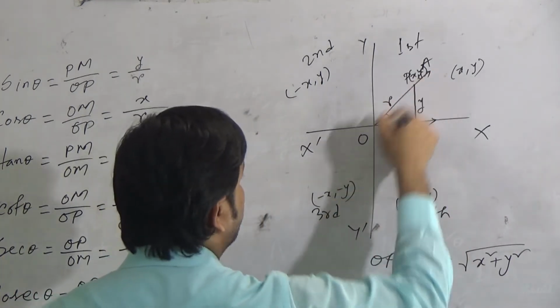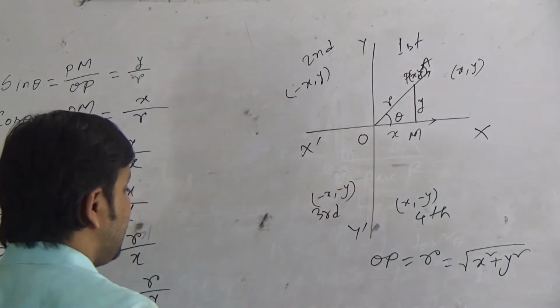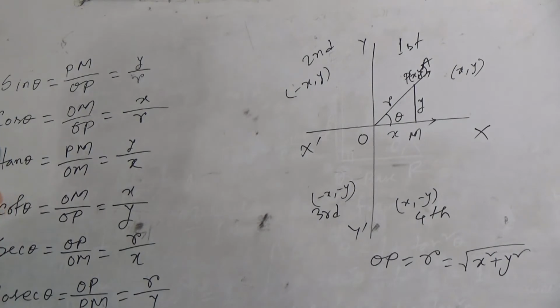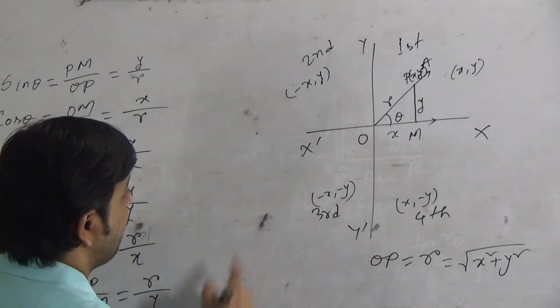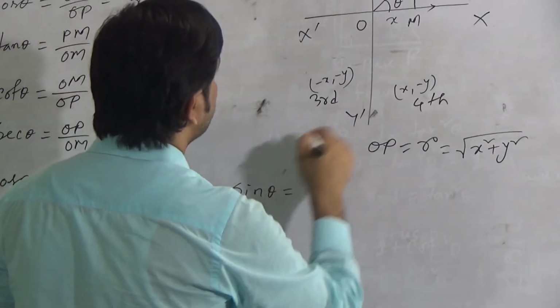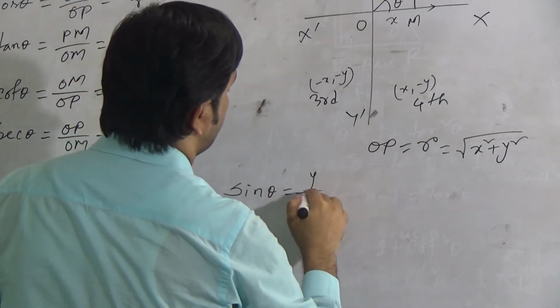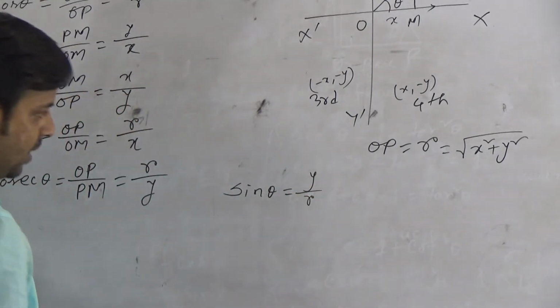So if the ray OA lies on the first quadrant, then sin theta will be, as we have determined, y by r.